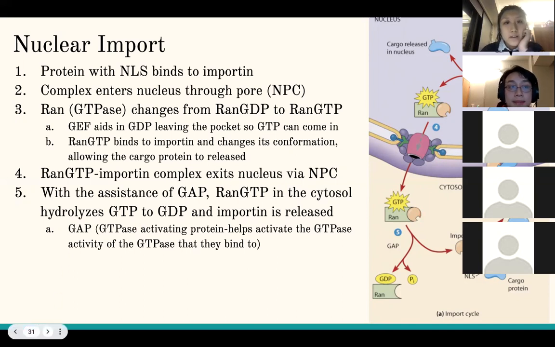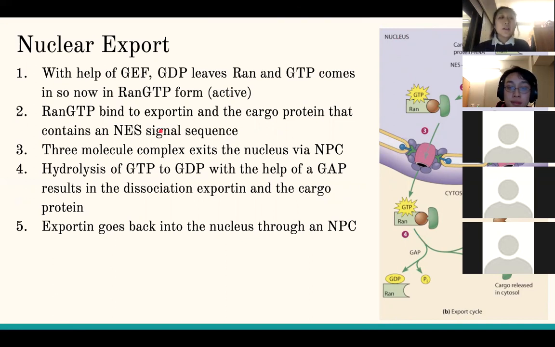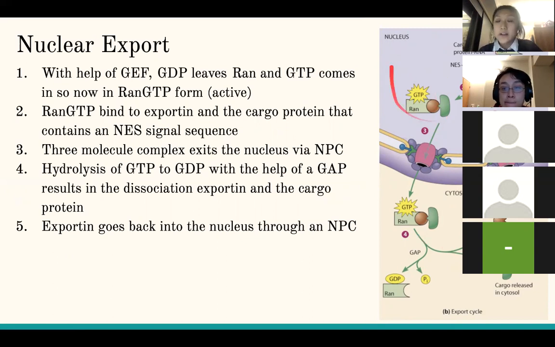Okay, cool. Well, we'll move on to export then. So nuclear export is similar, but it does have some caveat differences. Obviously, instead of going from the cytosol into the nucleus, you're wanting to take things that are inside the nucleus and bring them back out into the cytosol.